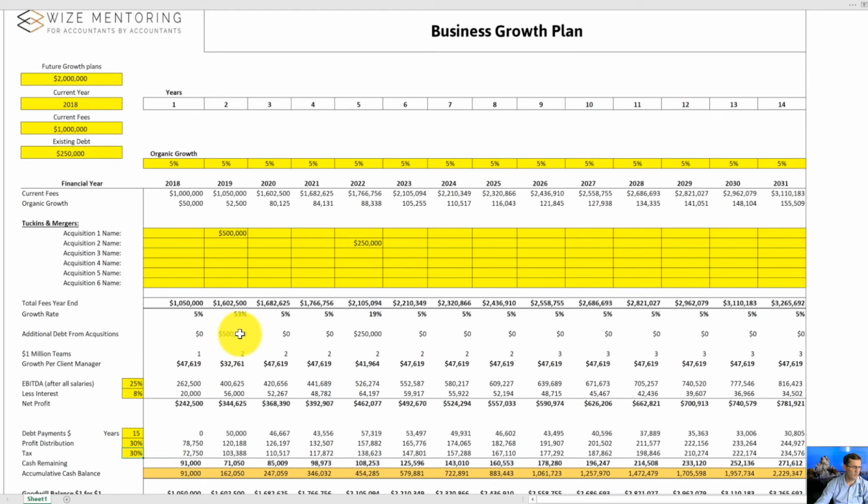So if we come back and revisit the first year that we've made our acquisition, the EBITDA, or 25% of our fees, is around about 400,000. The interest on the loans that we've got, which is the 500, and our existing debt of 250, is about 56,000. So that gives us a net profit there from a tax perspective of 344,000.